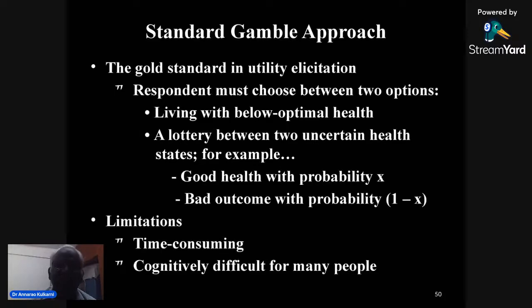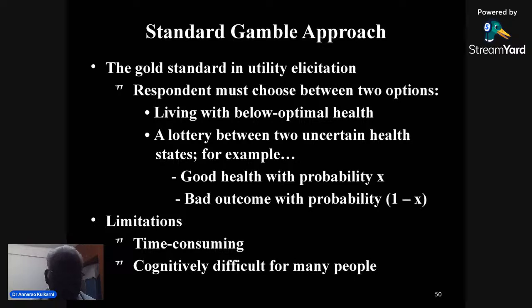So let's see what this standard gamble approach is. The standard gamble approach is based on the conceptual framework for examining decisions under uncertainty. The respondent is given a choice between a less than optimal certain health state, for example, having a body mass index above 35, and a lottery between two uncertain health states.